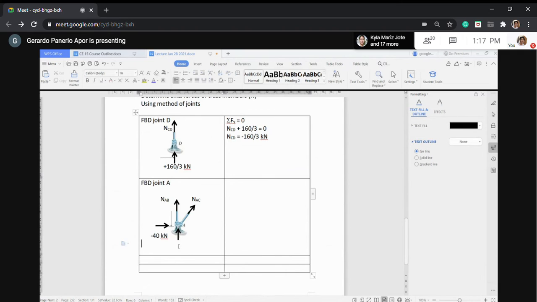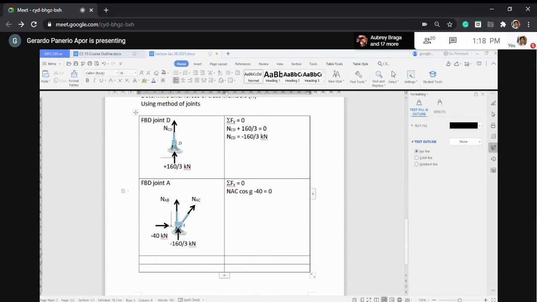Okay, that's negative 40, while here is minus 160 divided by 3 in the upper. If we sum up forces in x equals 0, we will have N_AC cosine of theta, then minus 40 is equal to 0.